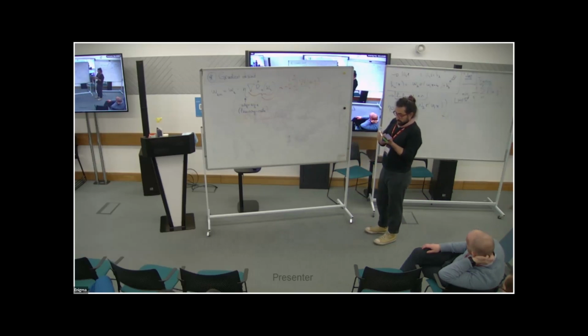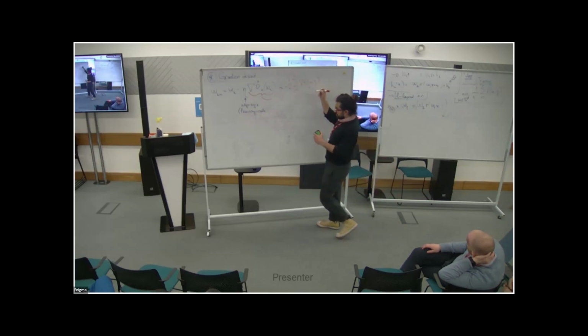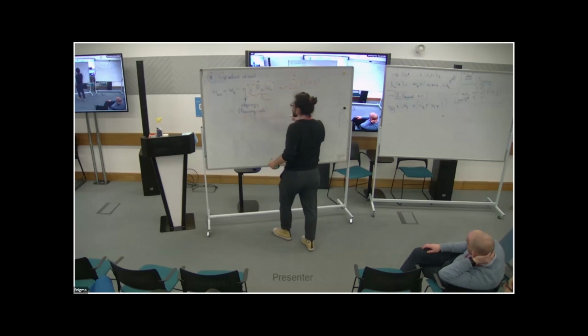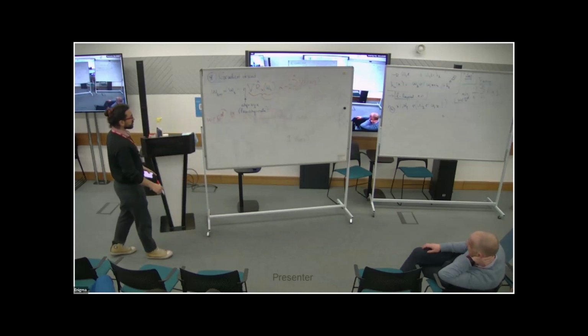There is one problem with gradient descent in the case of modern machine learning problems. First of all, remember that W lives in R^d, and this d can easily be of the order of millions, 10 to the 7 to 9 or something like this, if you are using a neural network.